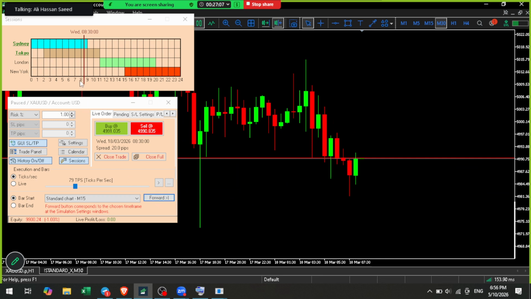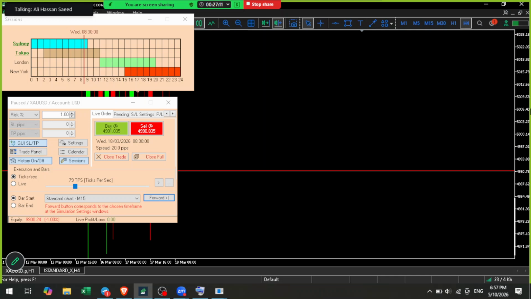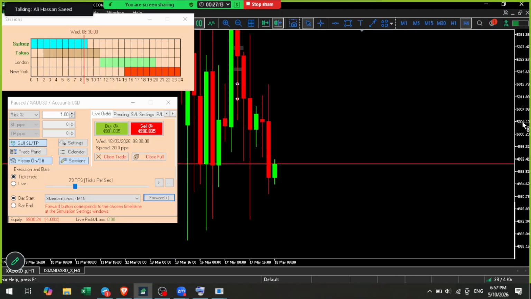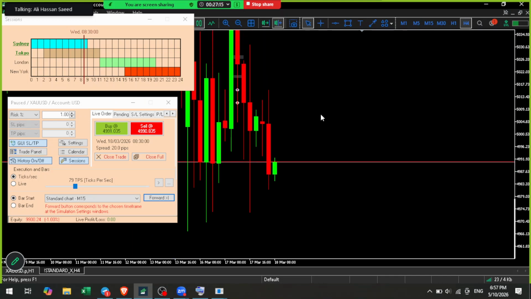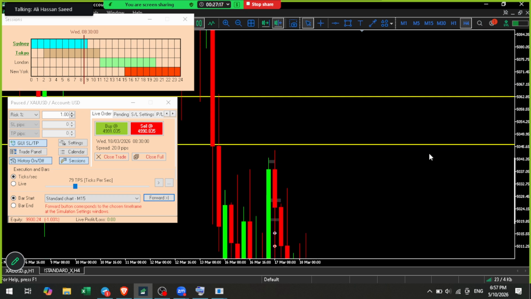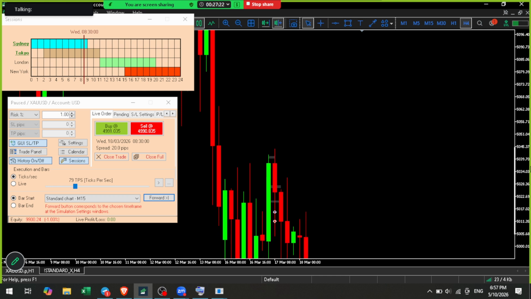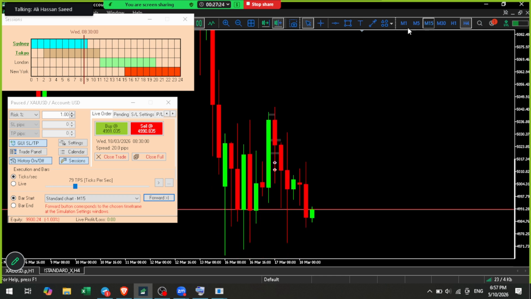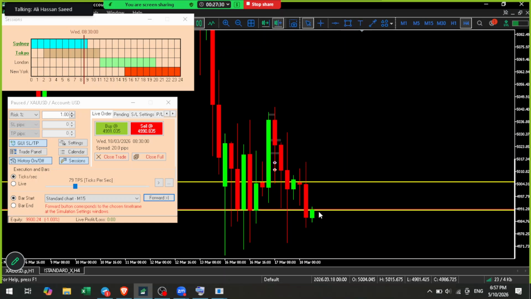Now we are past the 4 hour candle open. Let's see if we missed an opportunity or not. Let's just mark our 4 hour zones. We have our resistance here, support was at this point.